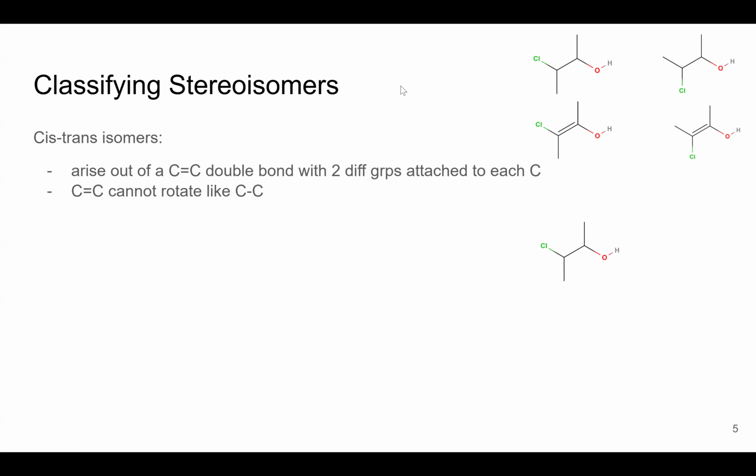Let me just draw it here. So for example, you have a chopstick, you can rotate it this way infinitely. But if you have two chopsticks, and you're holding on to both sides with your hand, you realize that you cannot really turn the chopsticks anymore.